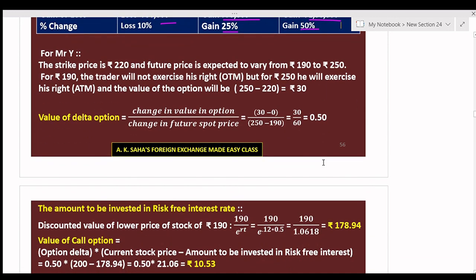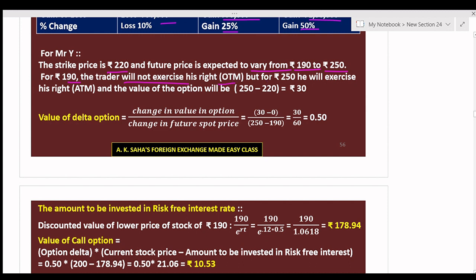Now for Mr. Y, he exercised his right of call option. The strike price is rupees 220. The future price is expected to vary from rupees 190 to rupees 250. For 190, the trader will not exercise his right because it is OTM.